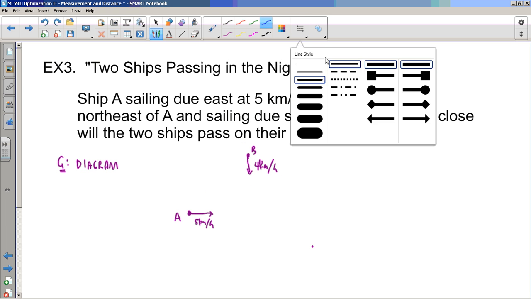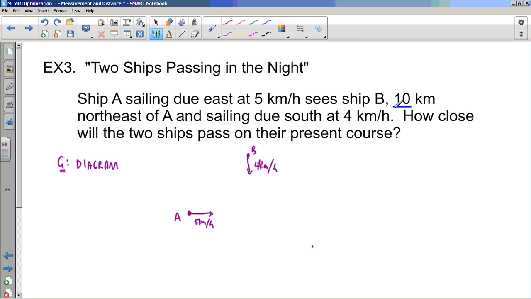And I'm going to change color here to put on this 10 kilometers. Since this here is 10 kilometers, and this is northeast. Northeast means this is straight north, this is east, so this is 45 degrees. And that means this is 45 degrees because B is going straight south.